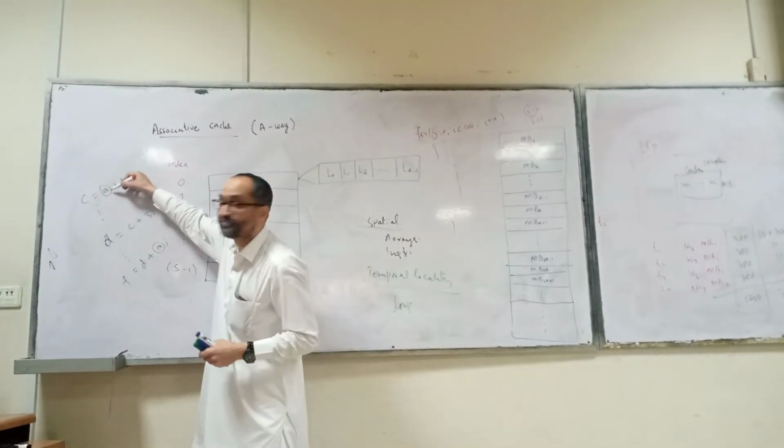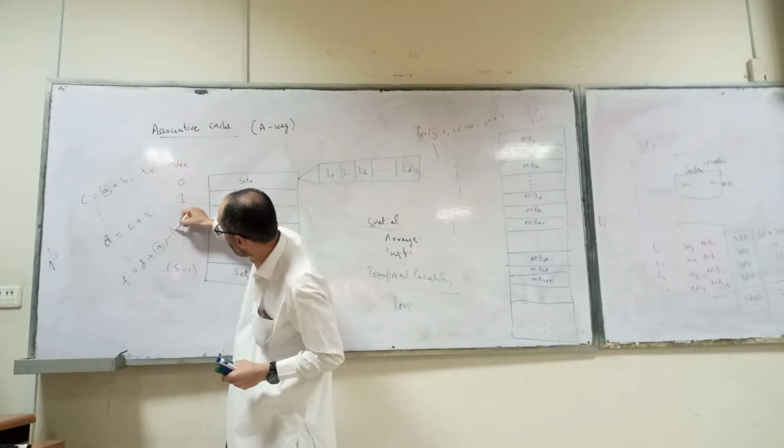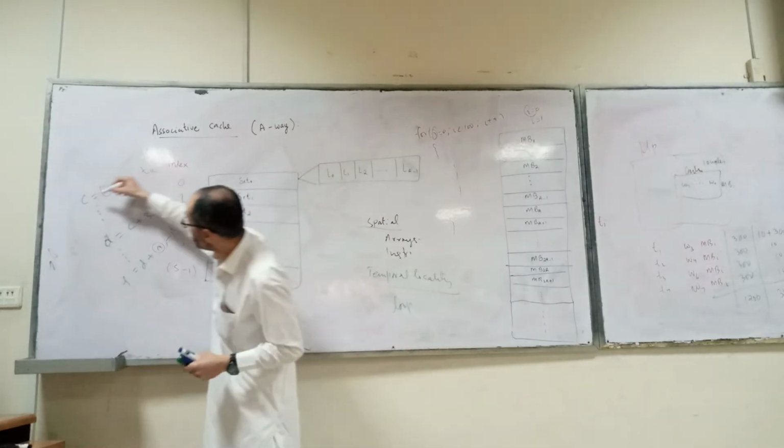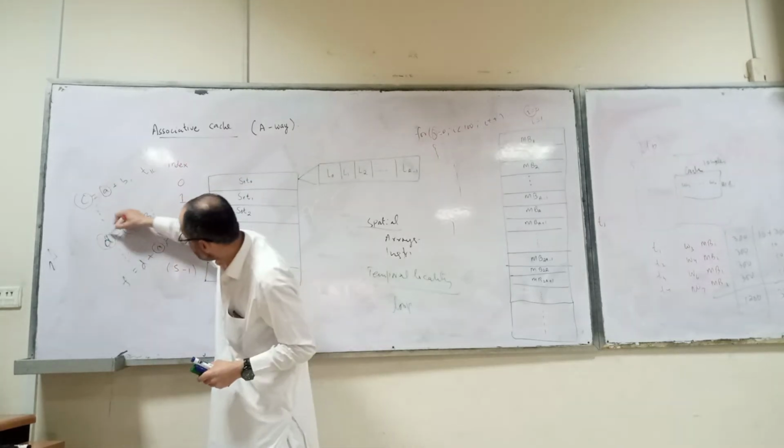So the same item is accessed at time tk and again at time tk plus some time. Similarly, C is accessed at this time and C is accessed again at this time, and B is now repeated again.